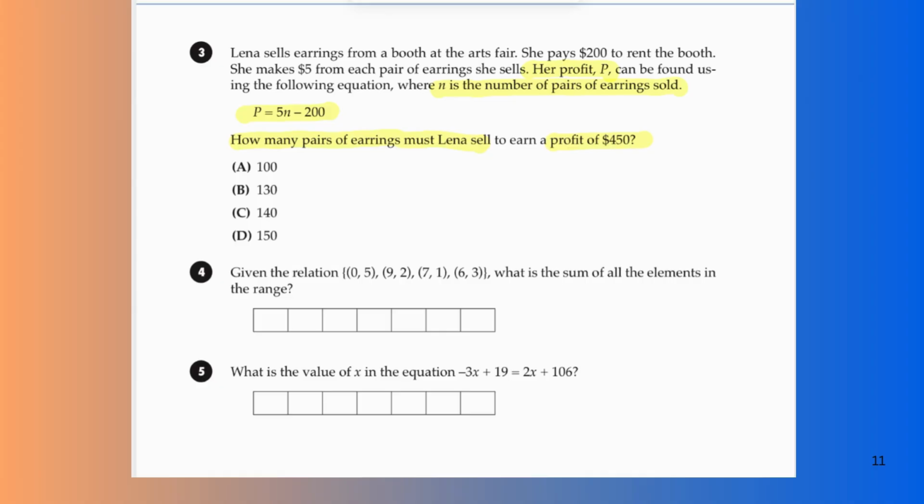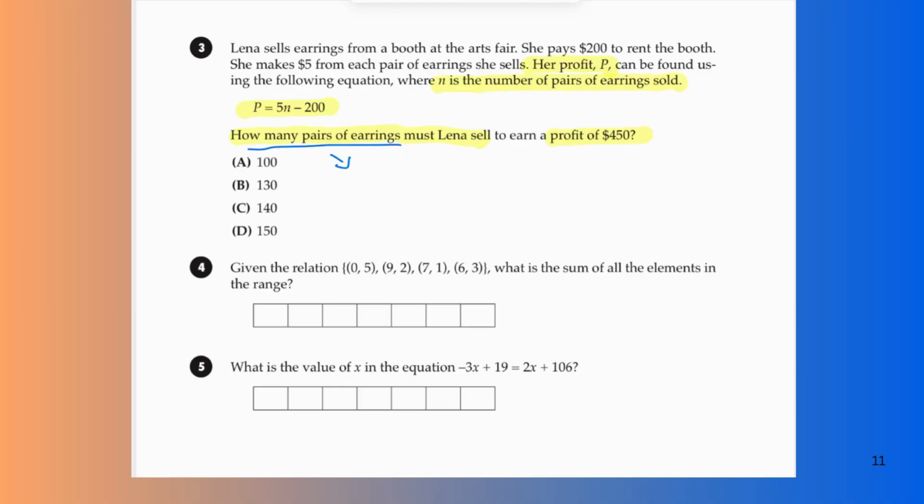This problem is not difficult if you read carefully, because all you need to do is make sure you substitute correctly. So when they ask us how many pairs of earrings, well, pairs of earrings, according to the problem, was represented by the variable N. Because the problem says how many, that means we don't know what N is. So this part right here is basically telling me find N, find out what N is equal to.